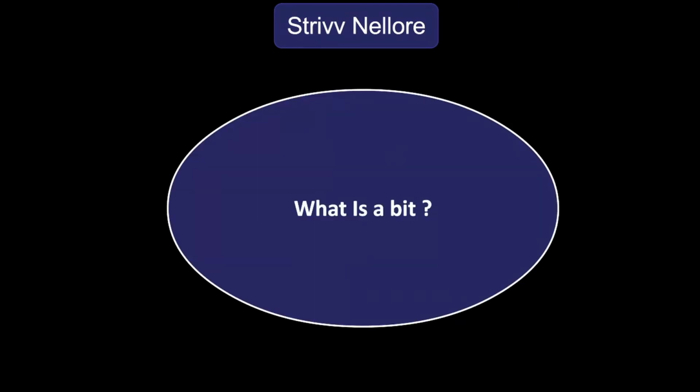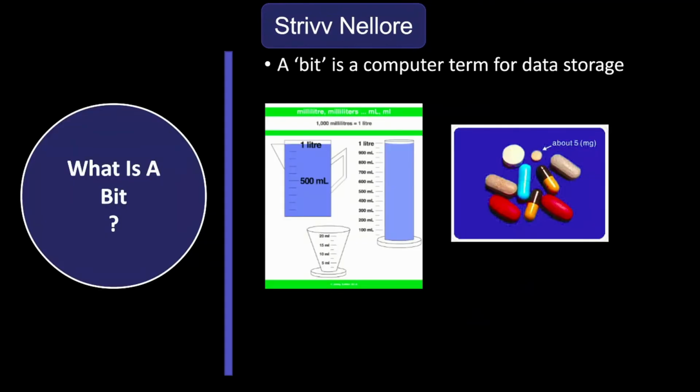So what is a bit? Previously I said 1 bit, 2 bit, 3 bit. A bit is a computer term for data storage. For example, with liquids we represent storage in milliliters and liters. If you take this jar, what is its storage? 20 milliliters.